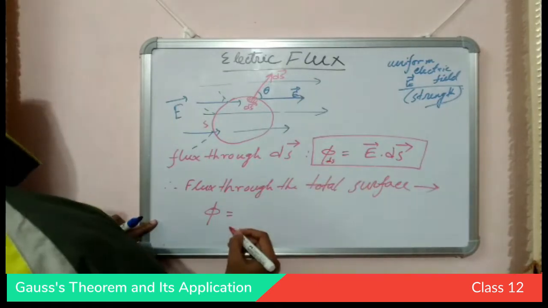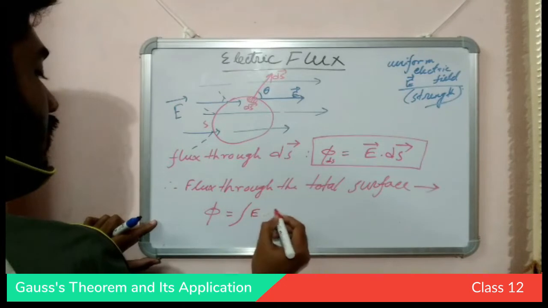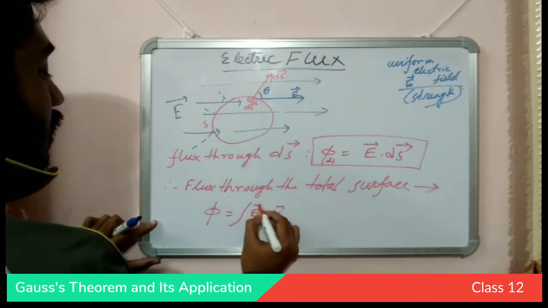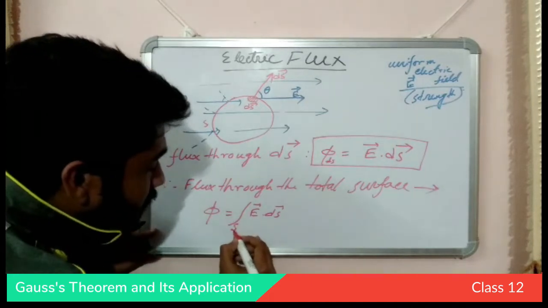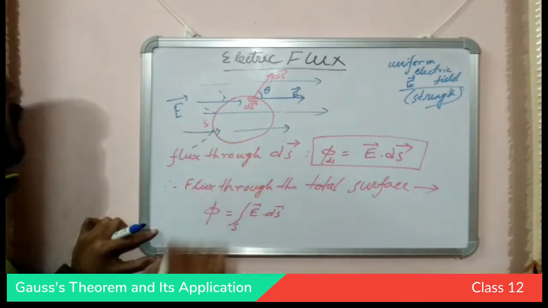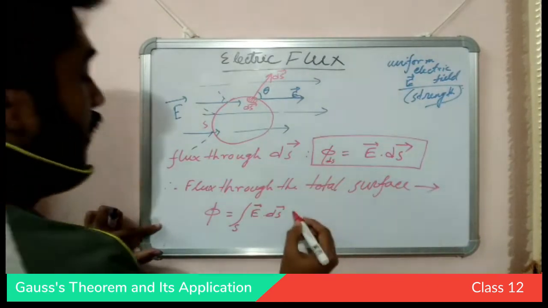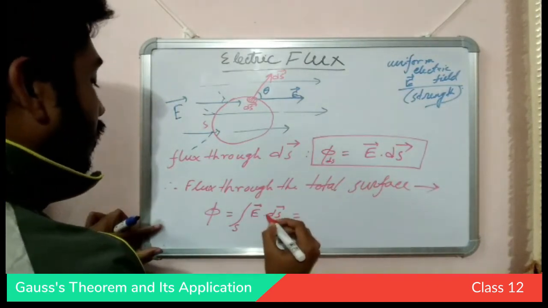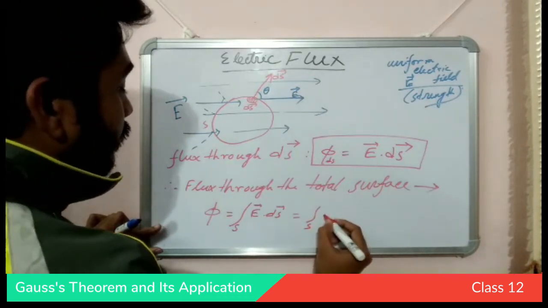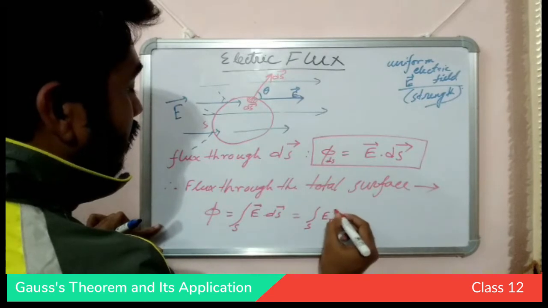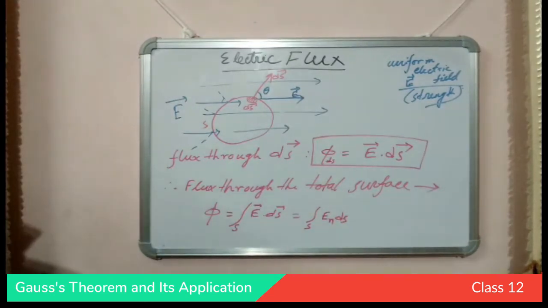So this is phi, integration E dot ds, and the integration limit would be over all the surface S. This is our total surface S, and we can write it, removing the dot sign, E dot n ds over the whole surface.